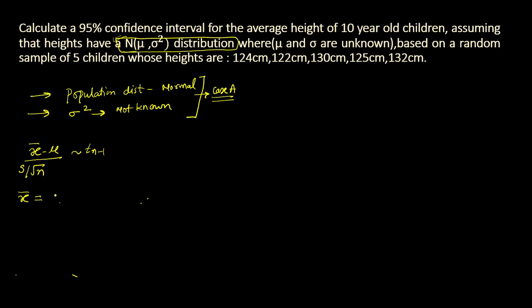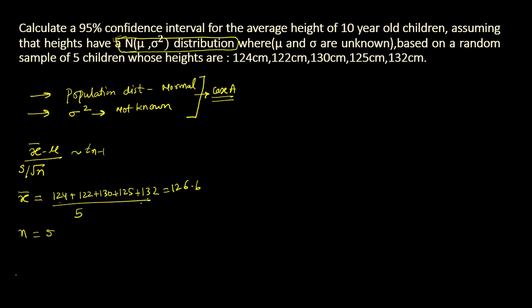X bar is 124 plus 122 plus 130 plus 125 plus 132 divided by 5. This would come out to be 126.6. What is n? n is equal to 5.